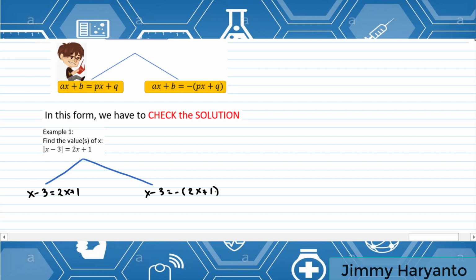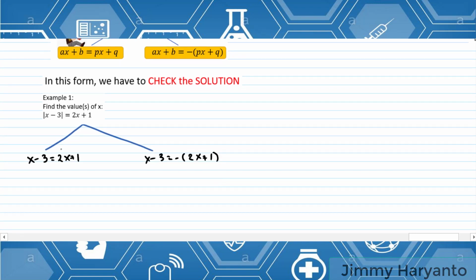Okay, and then we can solve this one into negative x equals 4, x equals negative 4. And then for this one, x minus 3 equals negative 2x minus 1, 3x equals 2, x equals 2 over 3. Okay, we have both solutions, but we have to check them.